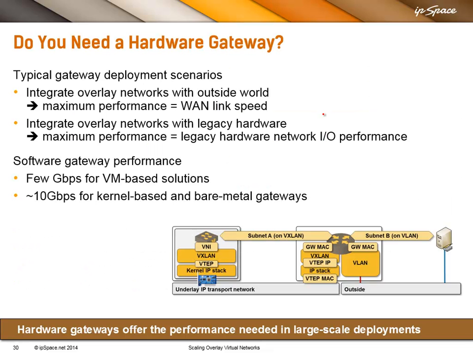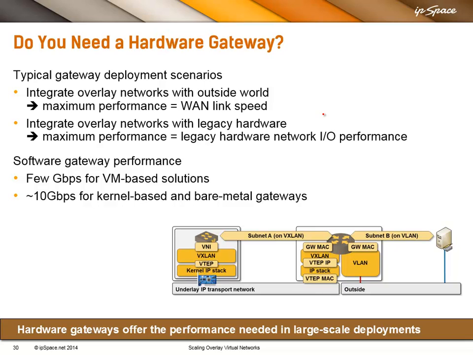So, do you need a hardware gateway or not? It depends on what the performance requirements are and what the integration requirements are. In some cases, particularly if you don't have an SDN controller, integrating a gateway with the overlay virtual networking solution might become a do-it-yourself exercise, or sometimes even mission impossible, in which case you might be better off with VM-based appliances.